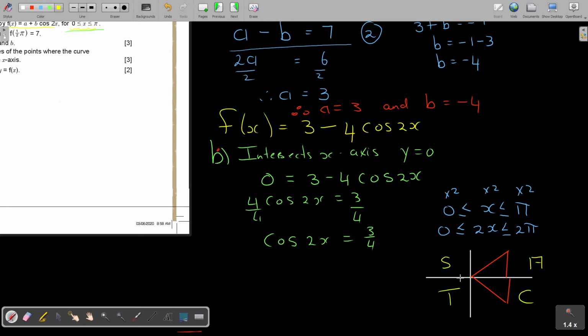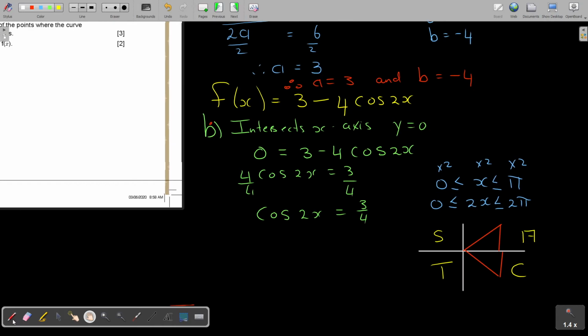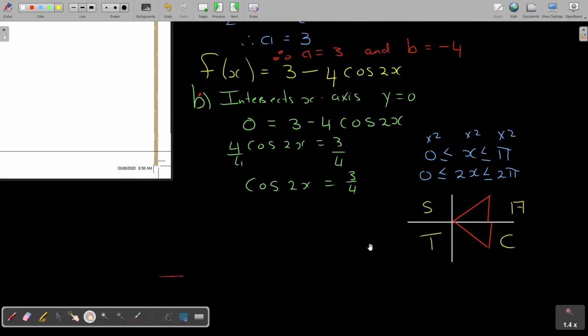Okay, so I'm first going to find my basic angle. I'm going to press on my calculator, shift cos. Be careful, this is in radians, so make sure your calculator is on radians.